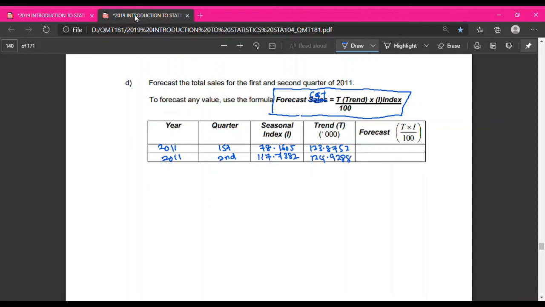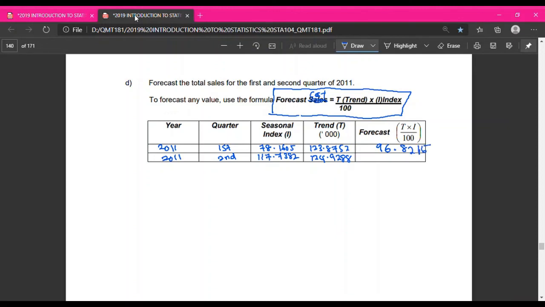Okay, so forecastnya adalah trend darab dengan seasonal indices bahagi 100. So the answer will be 96.8215.